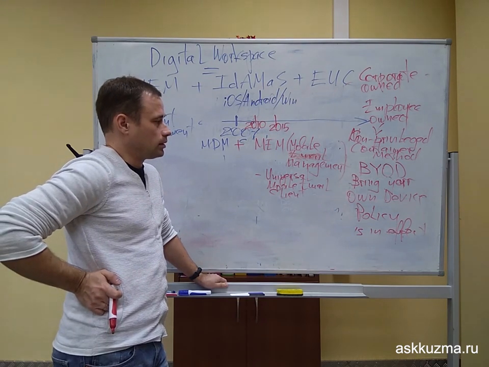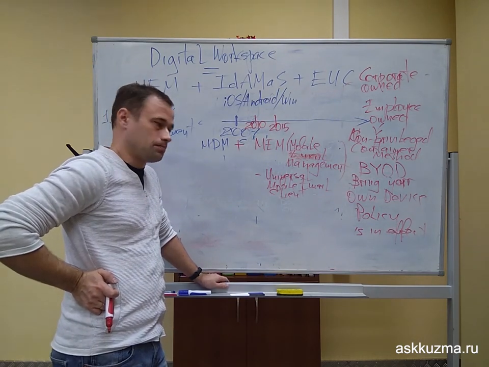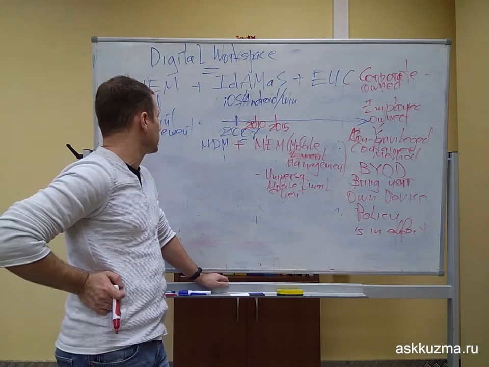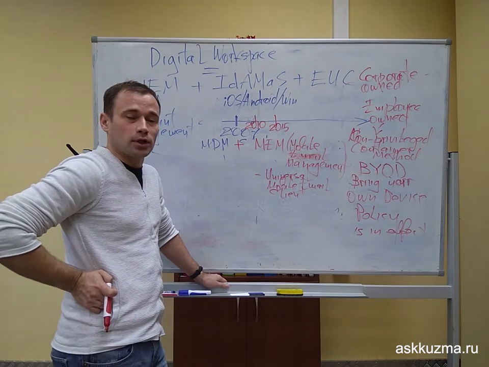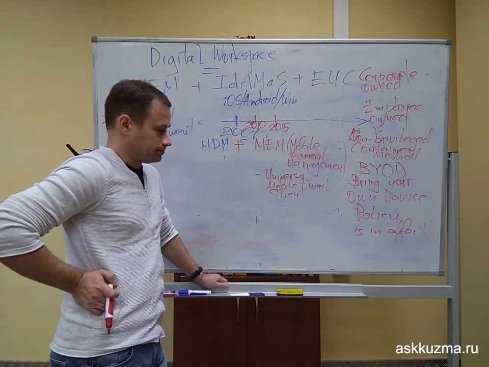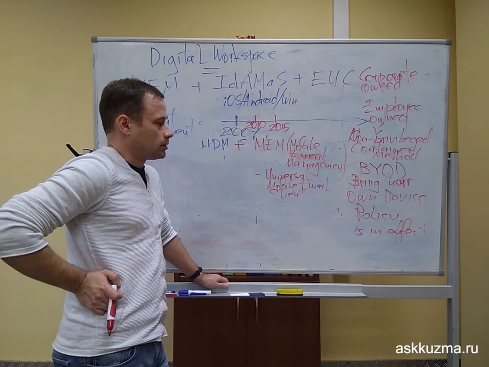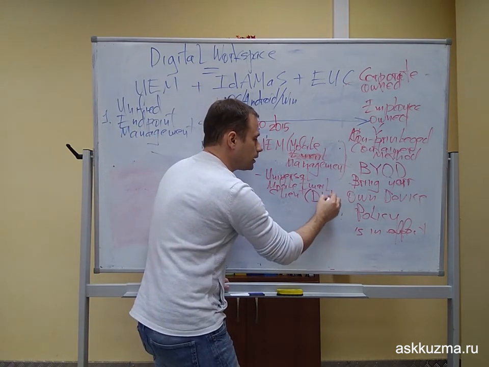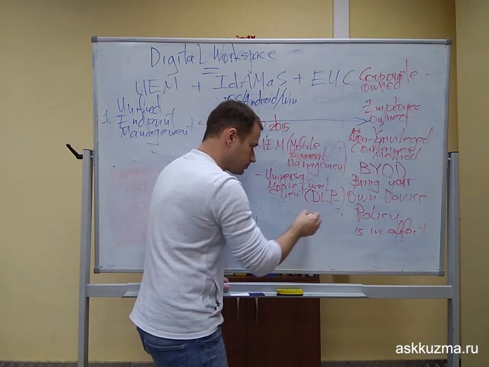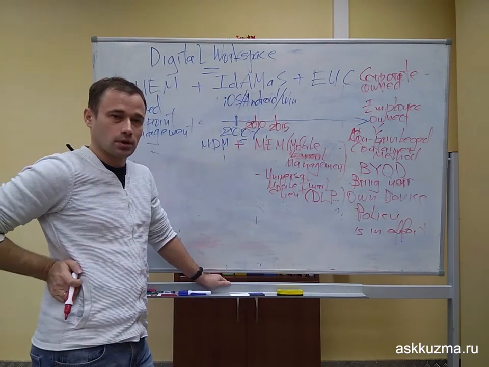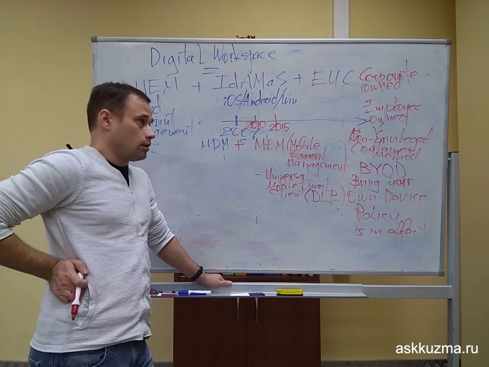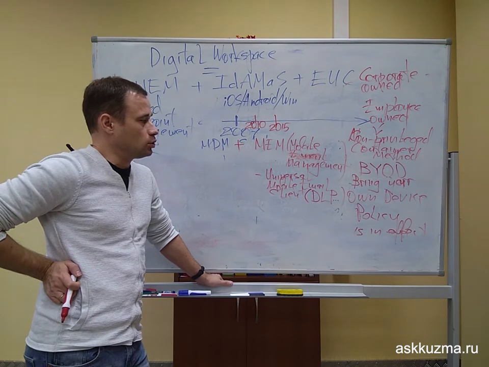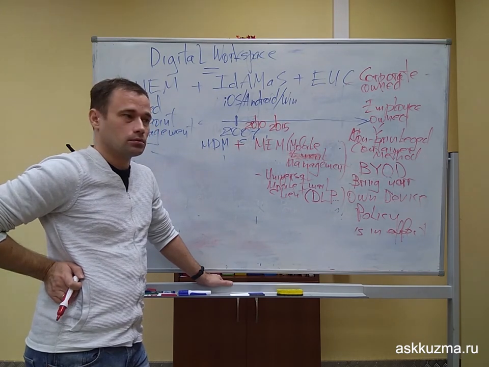This mobile email client must be smart and capable of directly interacting with your corporate management console. This mobile email client must have a set of DLP, data leakage prevention, functions. For example, yes, you are allowed to access your corporate email, but only via this secure mobile email client.